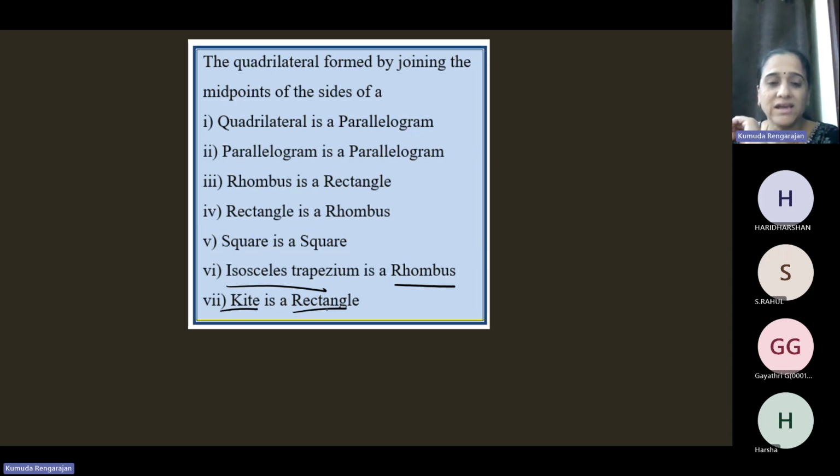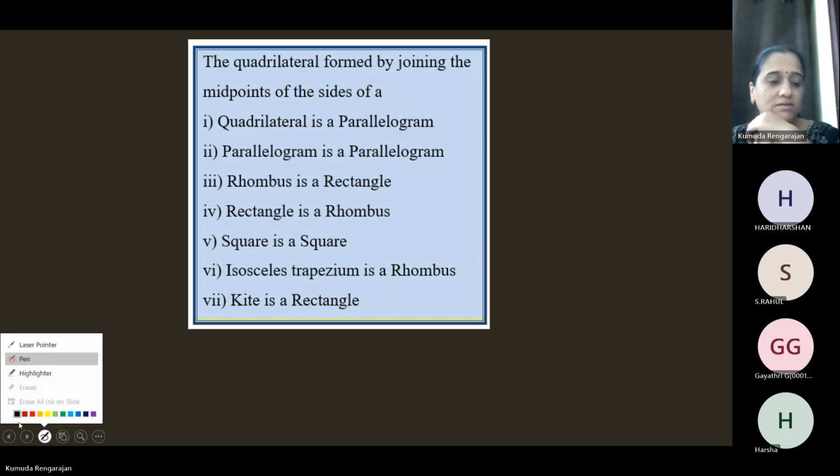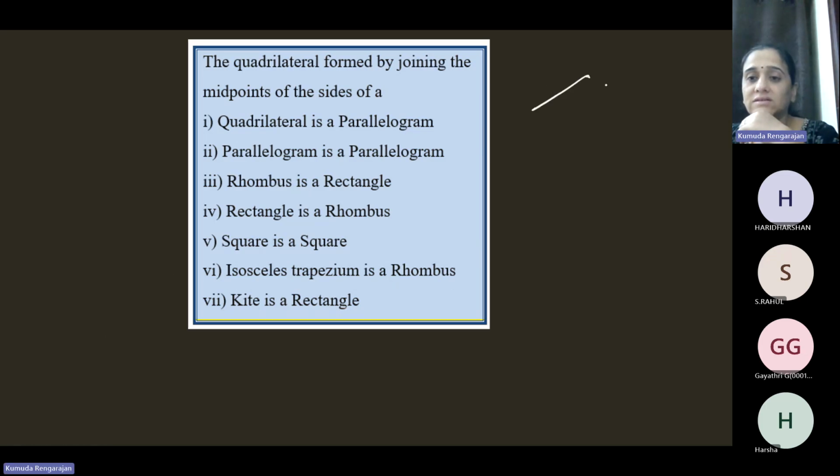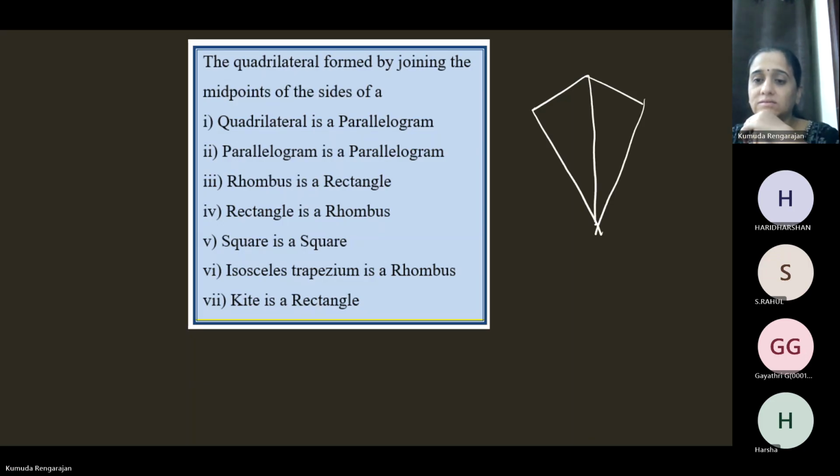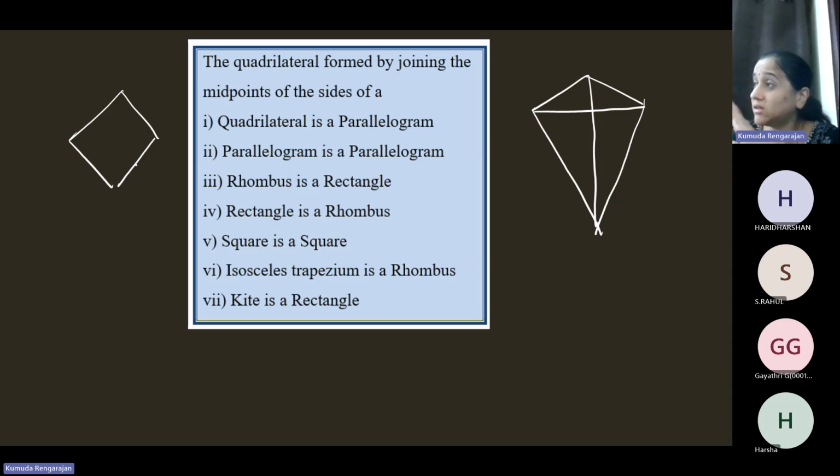Kite rectangle is easy because kite and rhombus are quite similar, no? This is a kite. Rhombus. You need something to remember. Kite and rhombus are not identical.